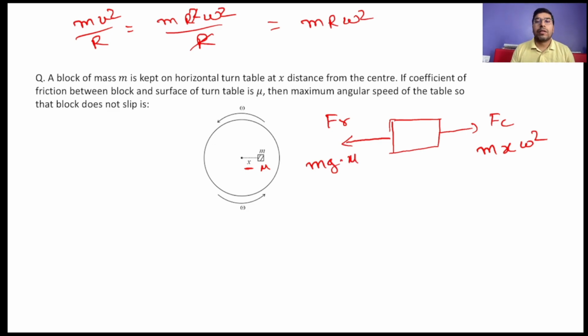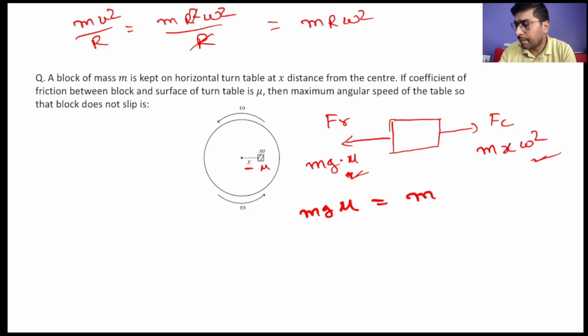For the maximum angular speed, the maximum centrifugal force will be equal to the limiting friction. So we equate the limiting friction force to the maximum centrifugal force: mg into mu is equal to mx omega square.